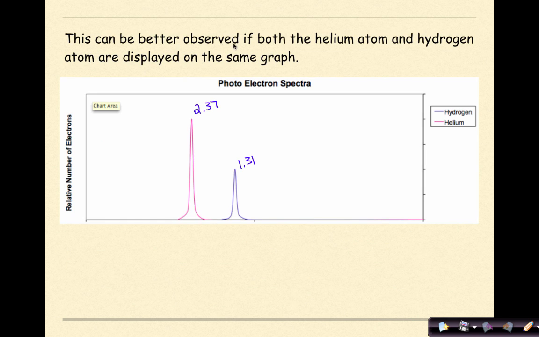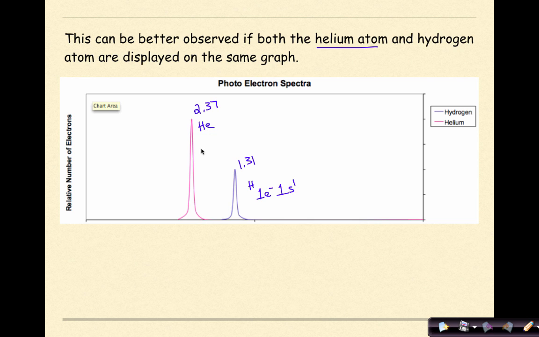This can be better observed if both the helium atom and the hydrogen atom are displayed in the same graph. So this 2.37 represents the helium, and the 1.31 represents the hydrogen. Here with the hydrogen, we only have 1 electron, and again, that 1 electron is represented as 1s1.